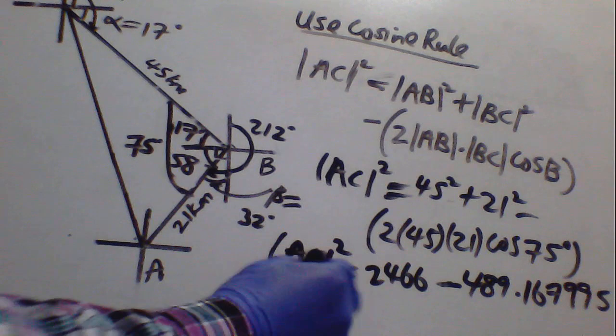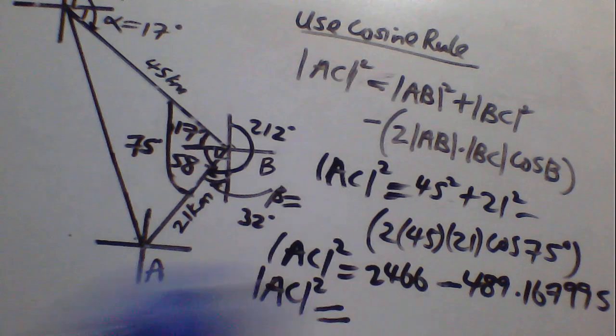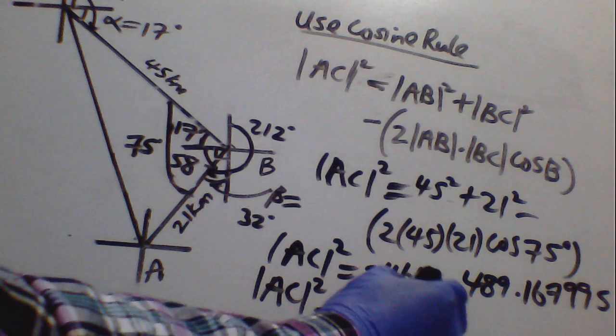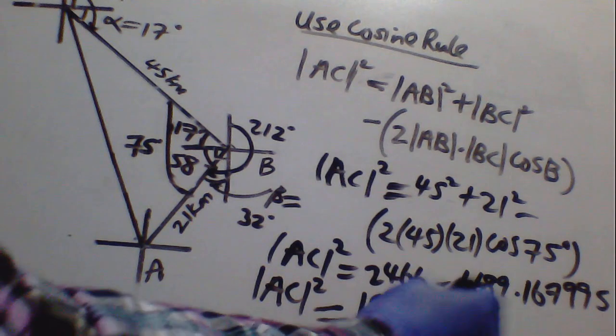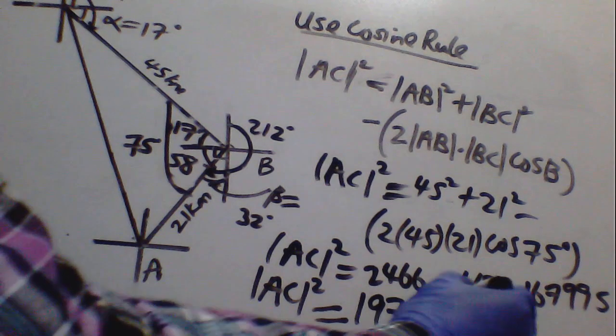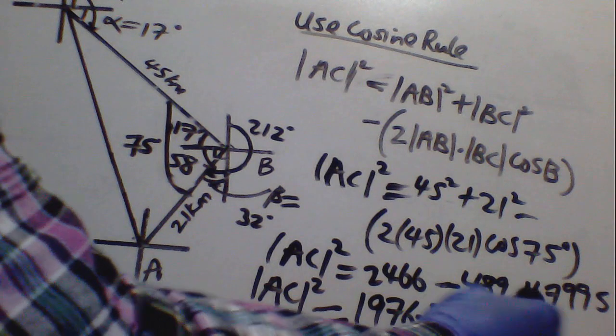So simplify further. I have 1976.832005.